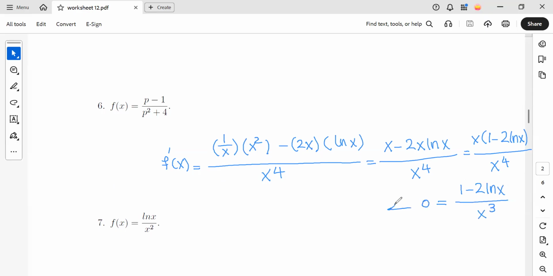And if this one is 0, it means that 1 minus 2 ln of x is equal to 0. It means that ln of x is equal to 1 over 2. And from this part, x is e to the power 1 over 2, which is approximately 1.65.